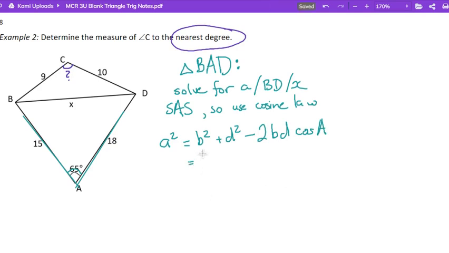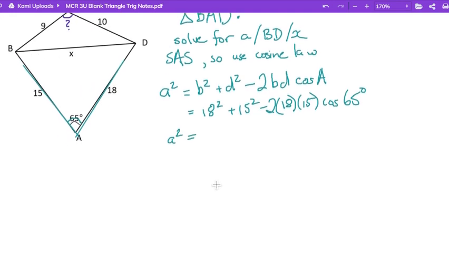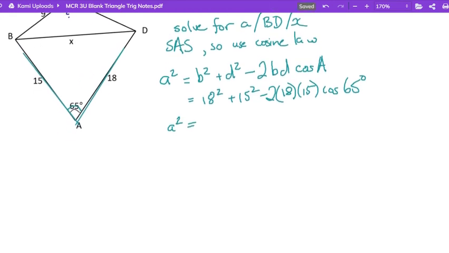All right, let's pop in our values. B is 18. Times 15 times cos of 65. All right, the only possible mistake you could make here is that you might incorrectly use your calculator.